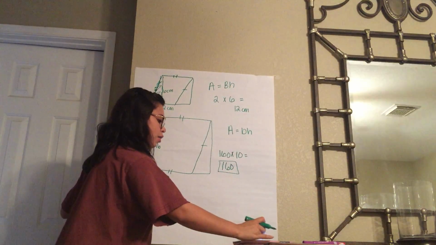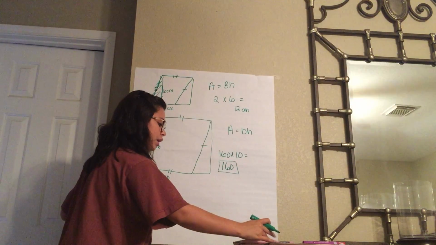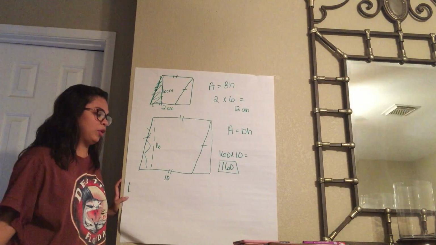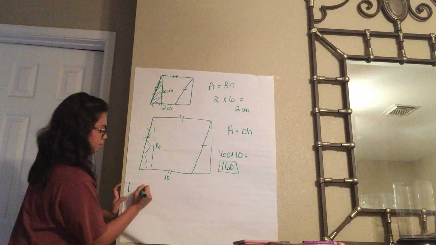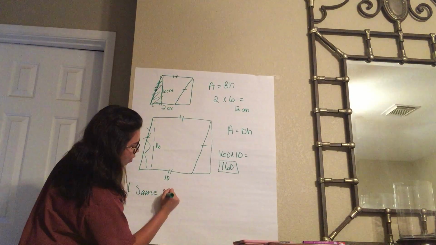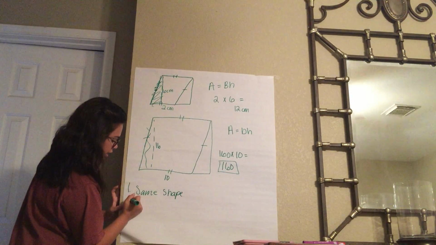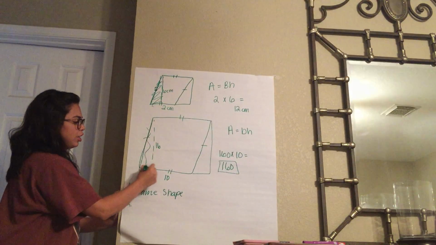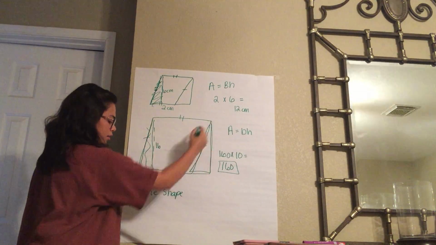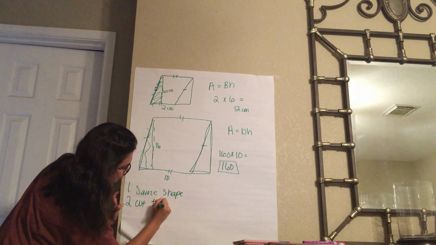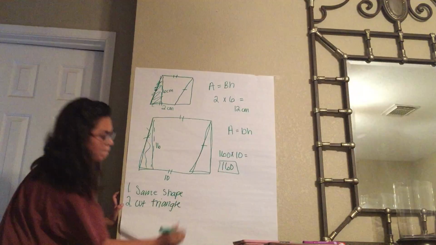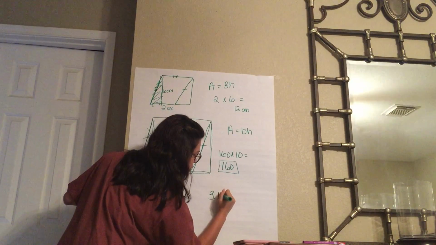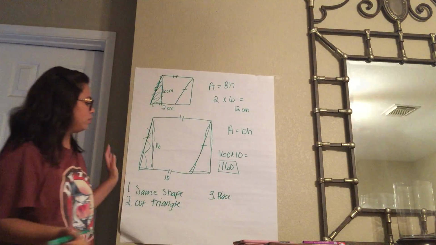And we're just going to review a little bit on what the steps are for this. So step 1, if we remember, is that rectangles and parallelograms are the same shape. Step 2 is that we cut off this triangle and place it over here. The third step is that we place the triangle over.